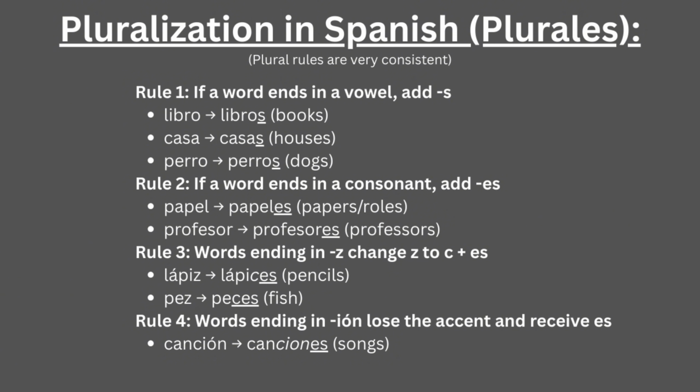If a word ends in z, change it to c and add es, like lápiz, lápices, pez, peces. If a word ends in ión, add es and remove the accent, like canción, canciones.